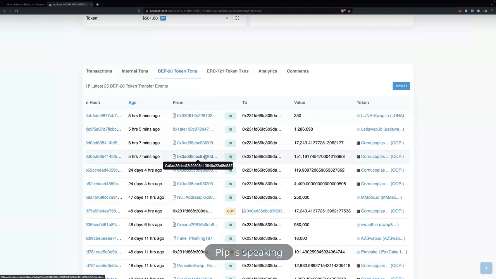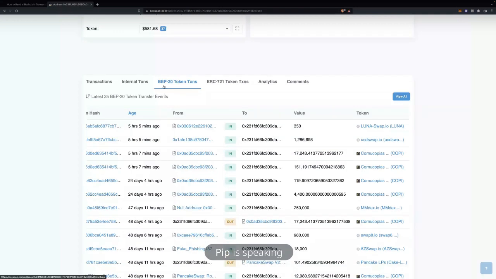So you see nothing else here but the tokens that are living on the BEP20. And if you want to quickly check a transaction that has happened, say you know that you bought some Luna yesterday, just come here very quickly. That's a very good and easy way to filter that.